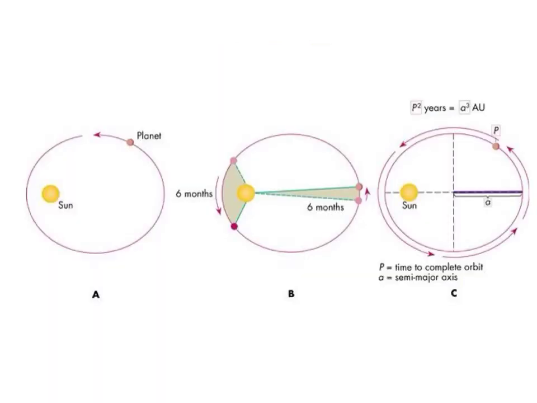The third law is, again, looking at p squared and a cubed. This is my period, the time it takes for me to go around the sun, and we measure that in years.